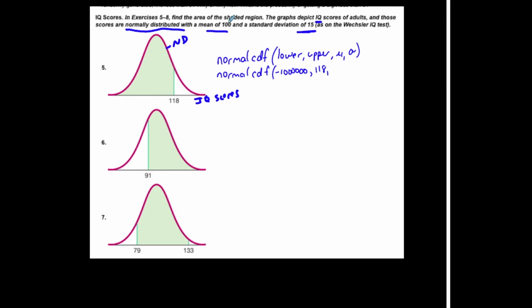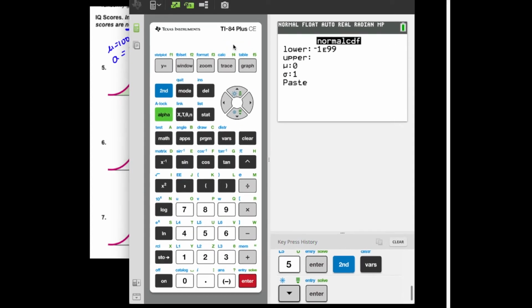But now I'm not done, comma. What is the mean? The mean is 100. That is my mu, right? And the standard deviation, which is sigma, is 15. So 100, comma, 15. This is the order in which you input it if you don't have this special calculator that directly asks for it. My lower bound is already in there, a large negative number. My upper bound was 118.